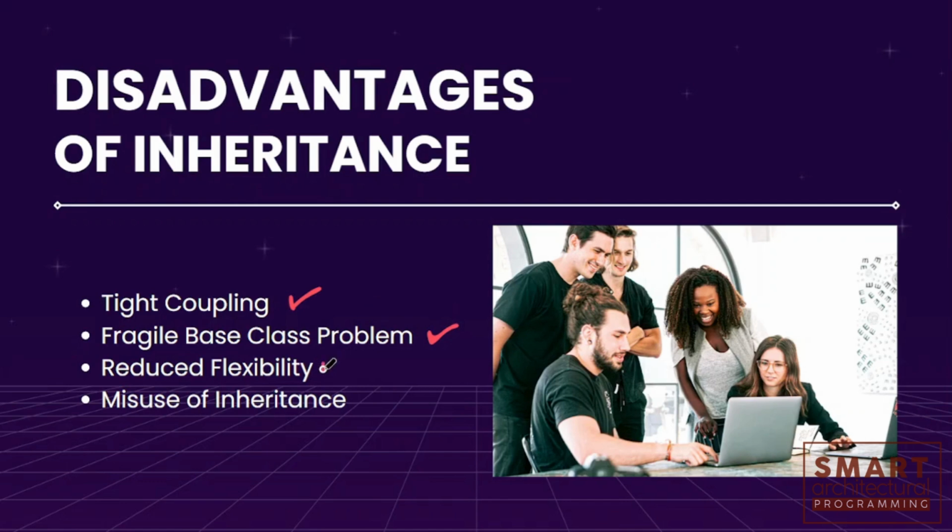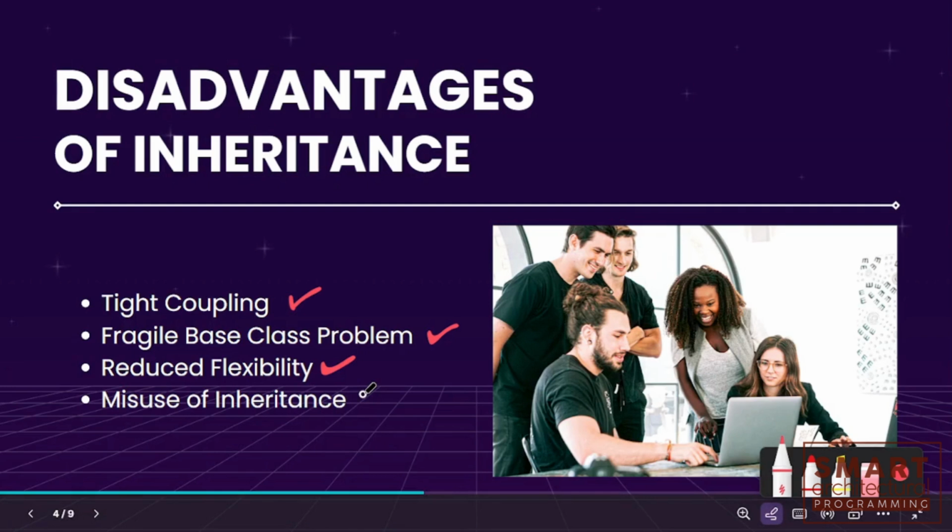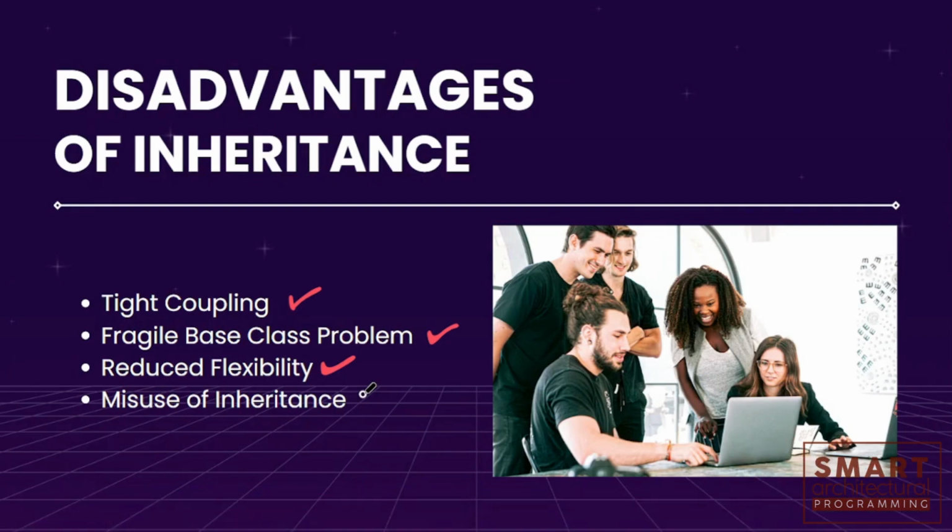Then we have reduced flexibility. What does that mean? When used incorrectly, inheritance can lead to unnecessary complexity or misrepresent relationships, for example, when composition would have been better than inheritance. Some people forcefully use inheritance, and this point relates to both reduced flexibility and misuse of inheritance.